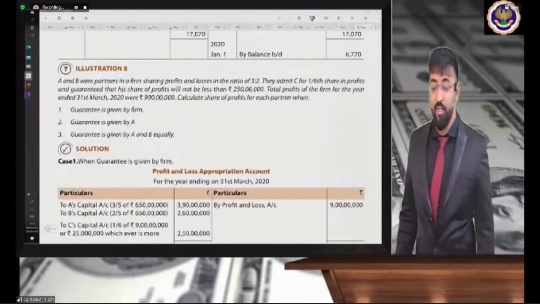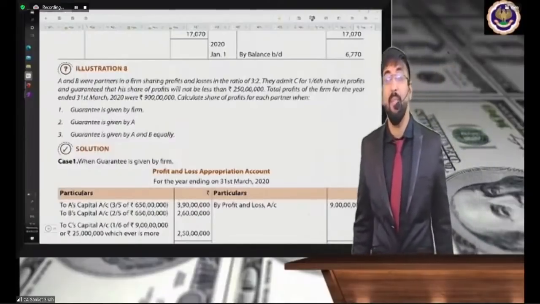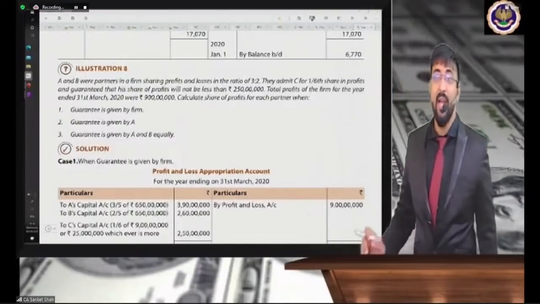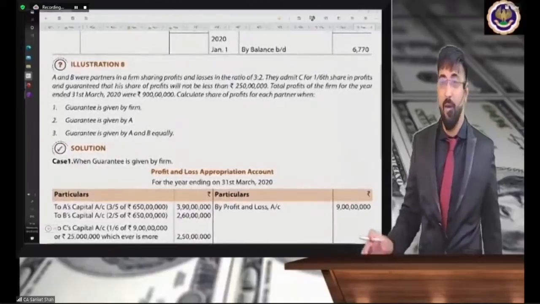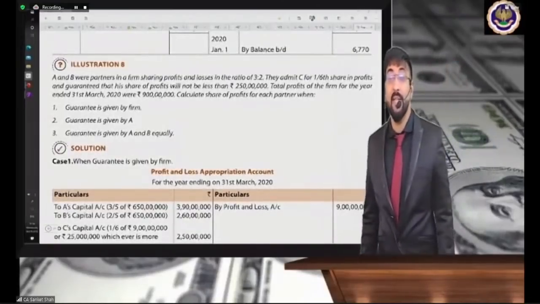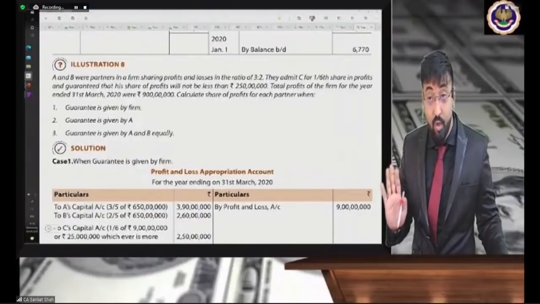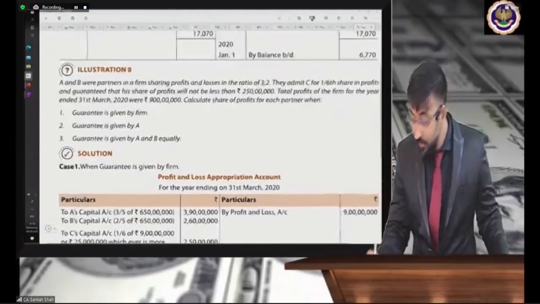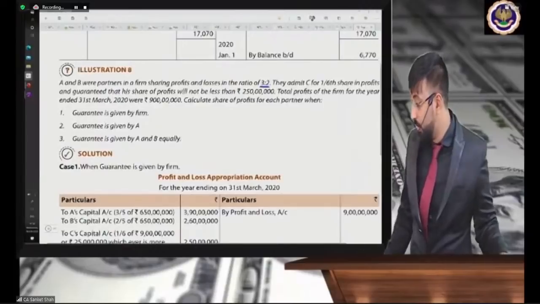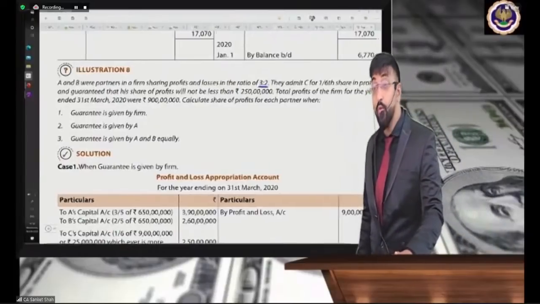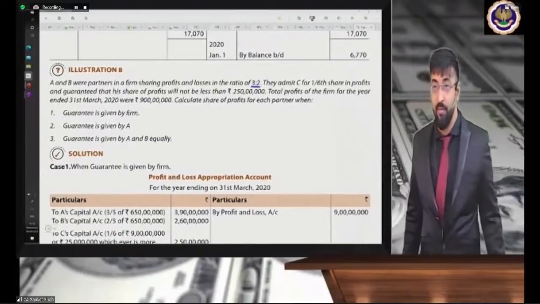Now this question in which you need some mathematics. A and B were partners in firm, sharing profit and losses in the ratio of 3:2. Very slowly. Understand this concept carefully. 3:2 is the ratio. Correct, beta? So in which we need now ratio calculation.